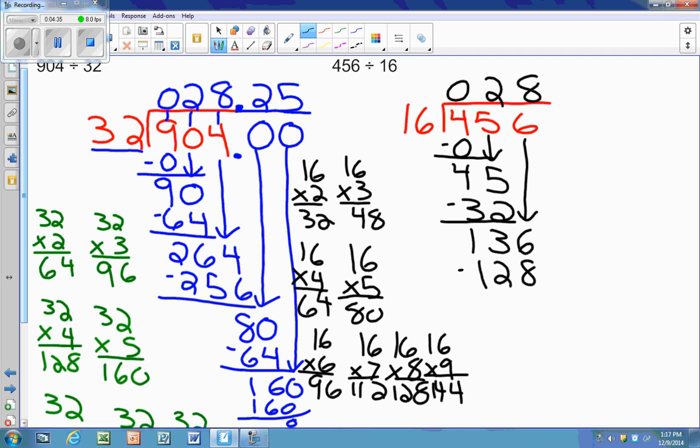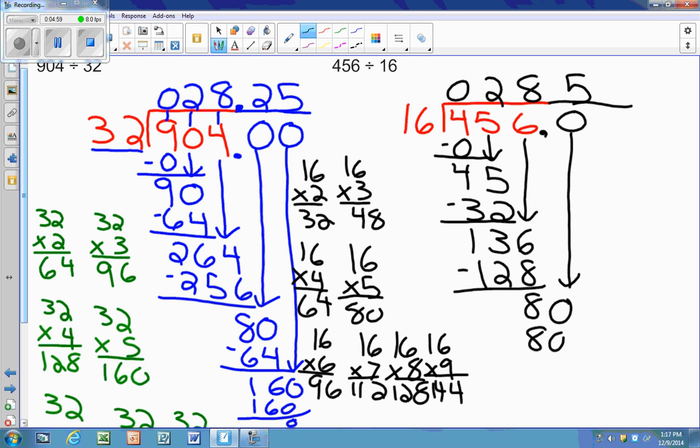And I subtract. And I have a remainder, which I'm not allowed to have. So just like before, I'm going to add a decimal because there's actually really a decimal there because it's a whole number. I'm going to add a 0, bring it down. I want to see how many times 16 can go into 80. And when I look at how many times, I see that it's 5. Now there's no remainder, so I'm good.